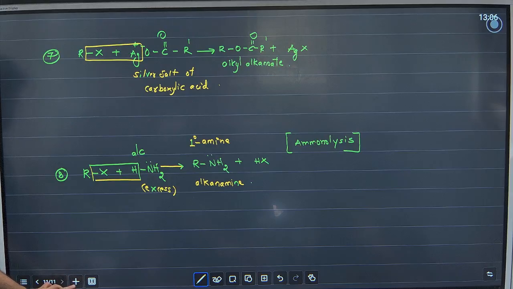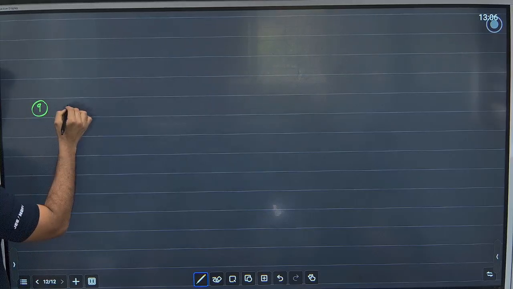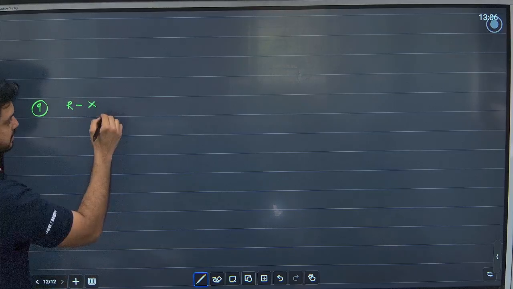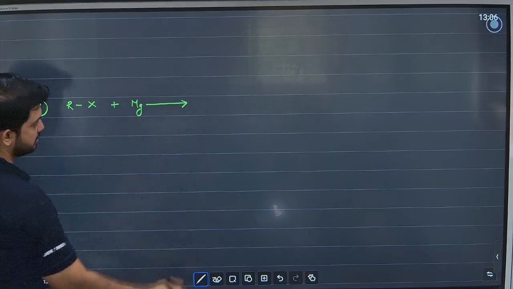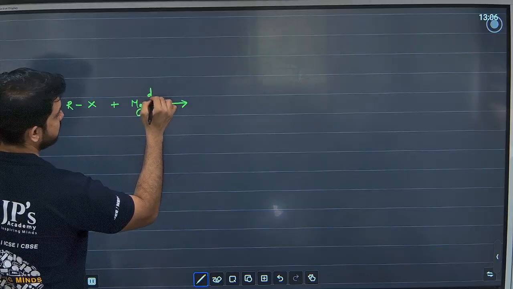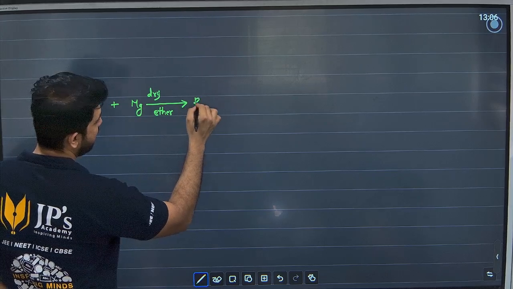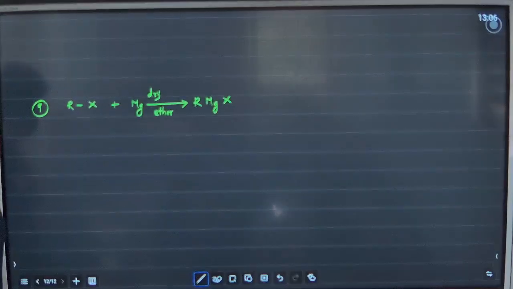चलो, one more for the day. Last. RX is alkyl halide plus Mg. Excellent. क्या मिलता है? In the presence of pure and dry ether क्या मिल गया पीपल? ये RMgX, पुराना दोस्त.